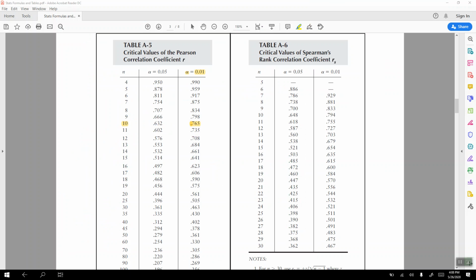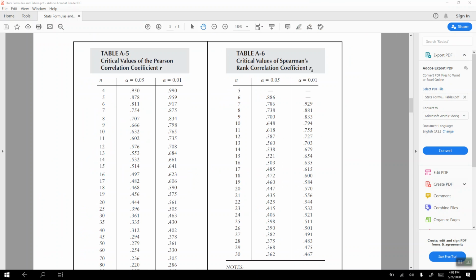All right, once again, we're here on table A5. Now we're going to be looking at our n value. N value was 16, so here we are at an n value of 16. Alpha level in this case was 0.05, which means we now have a critical value of 0.497.